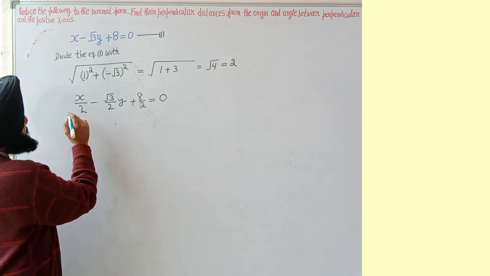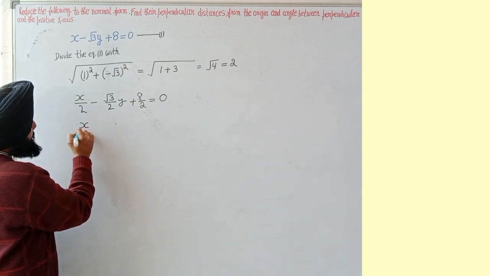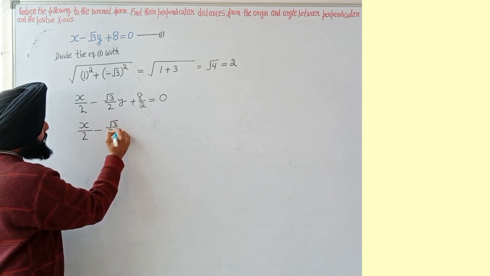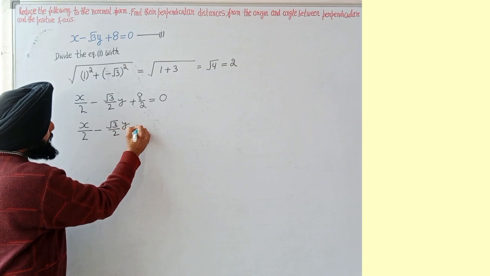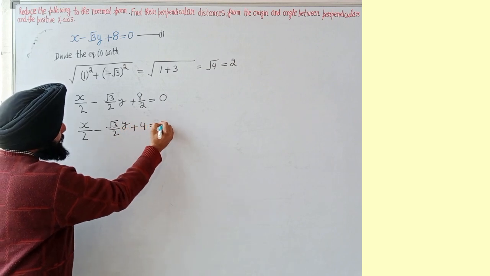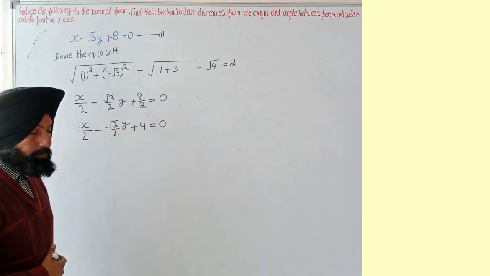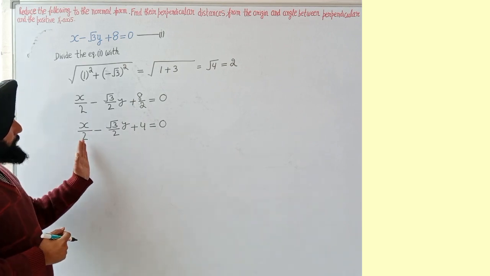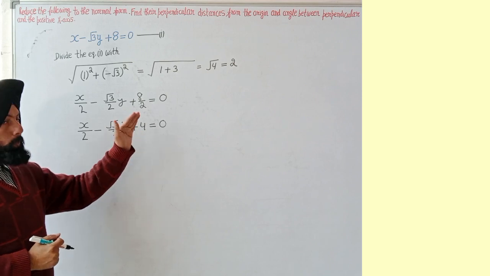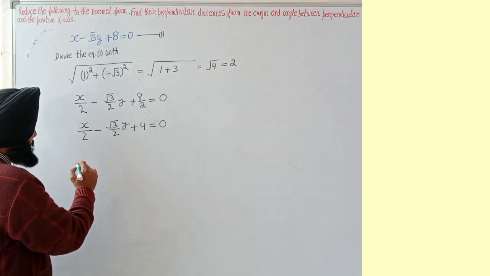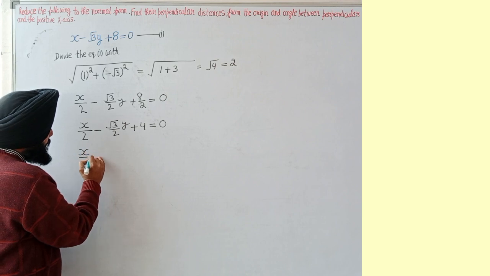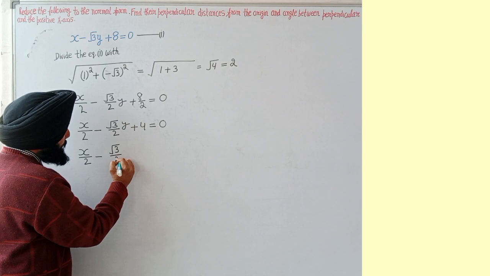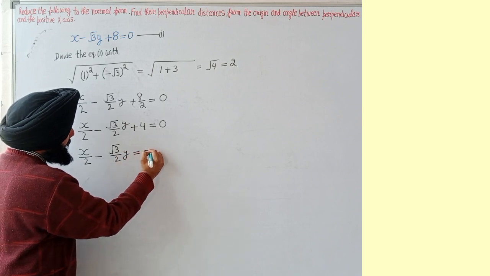Now students, x over 2 minus under root 3 over 2 y plus 4 equal to 0. Now I am transposing 4 to the right hand side: x over 2 minus under root 3 over 2 y equal to negative 4.